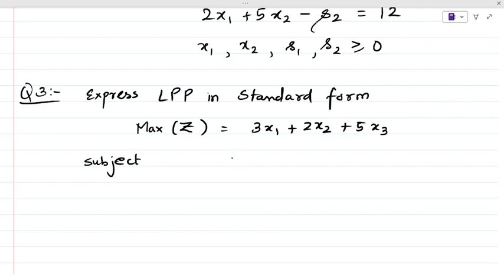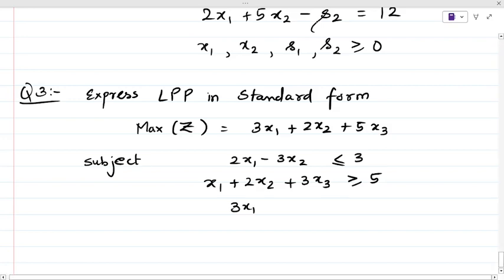Now conditions are many. 2x1 minus 3x2 is less equal 3. x1 plus 2x2 plus 3x3 is greater equal 5. 3x1 plus 2x3 is less equal to, and x1, x2 both are greater equal 0.